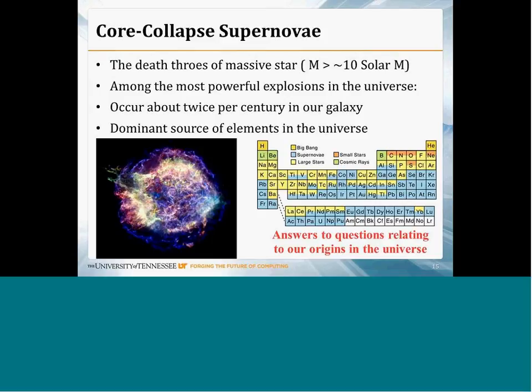So core collapse supernova is one of the answers to questions relating to our origins in the universe, because without these massive stars and without the explosion to spread the elements cooked in the stars, life as we know it would not exist.